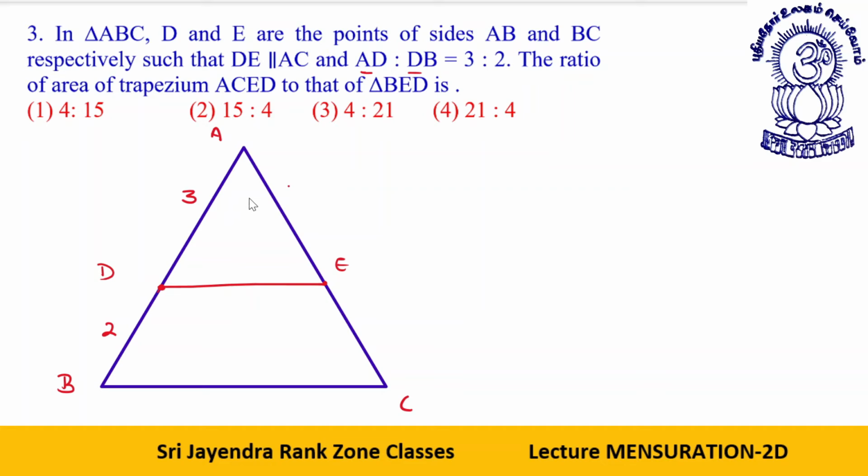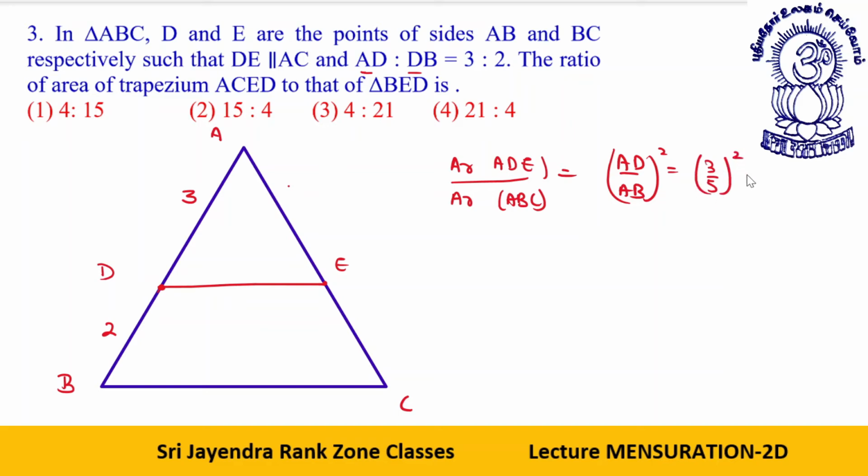What will be the ratio of, first of all, area of ADE upon area of ABC? That will be equal to AD upon AB square, which is 3 upon 5 square. I hope this is visible. Yes, so far it is visible.